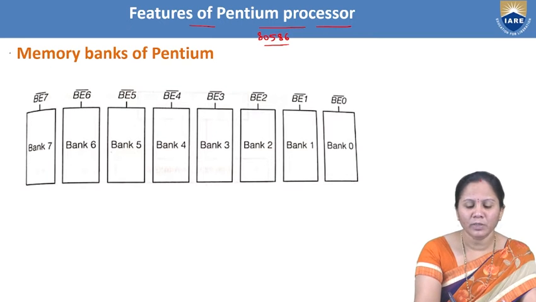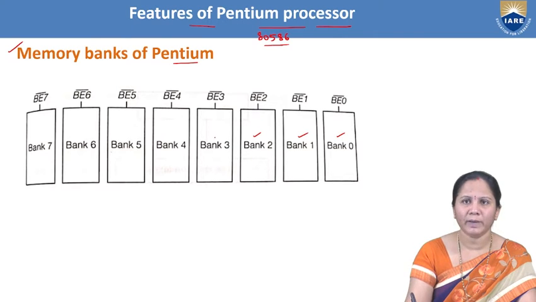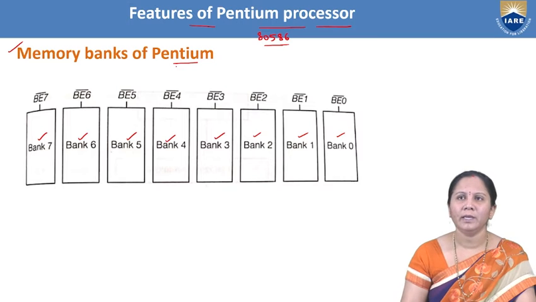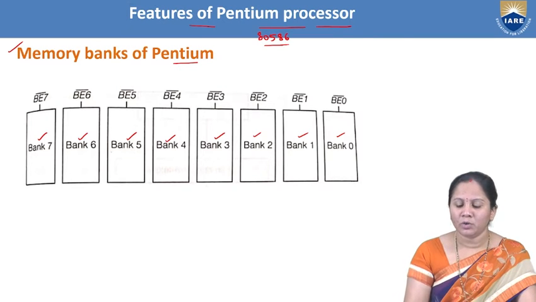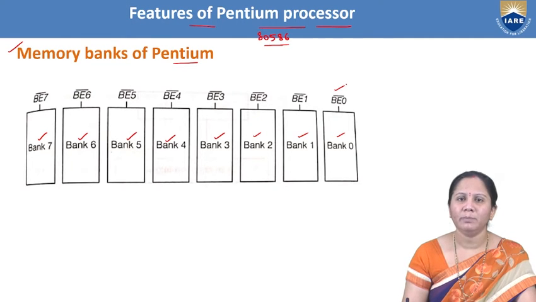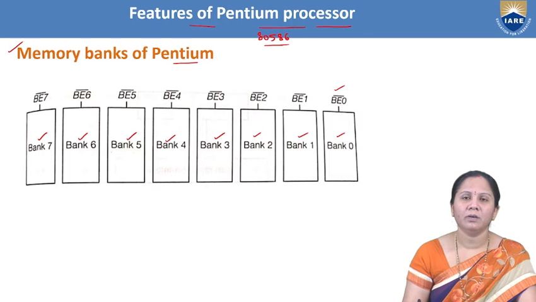Coming to the memory banks of the Pentium, it consists of totally 8 memory banks: bank 0, bank 1, bank 2, bank 3, bank 4, 5, 6 and 7. These 8 banks are driven by a signal called the BE signal, which is separate for each memory bank.